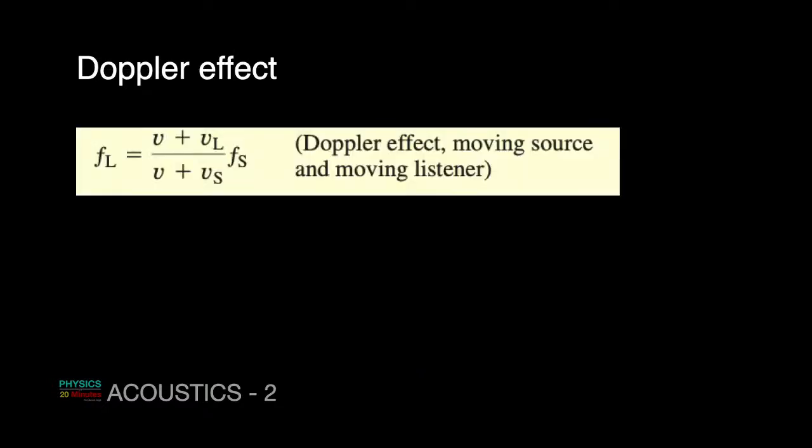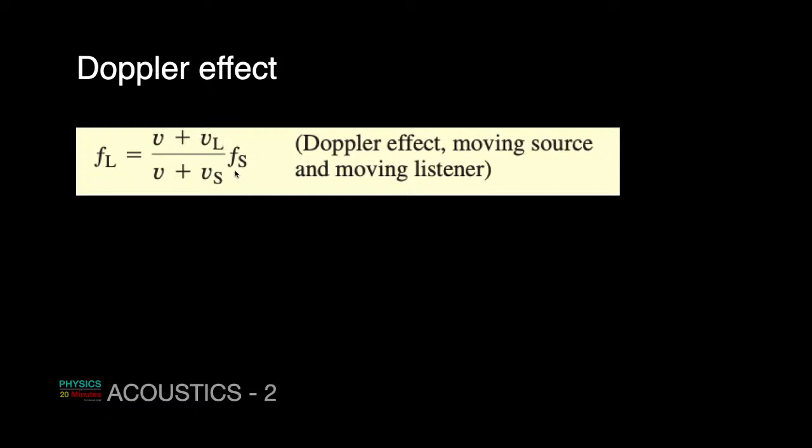We are all familiar with the Doppler effect. Remember, it's a change in the observed frequency or listener's frequency fl if the source is moving, or the observer, or the listener is moving, whoever.